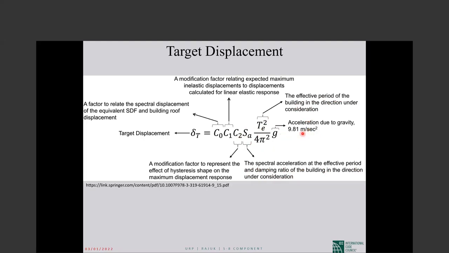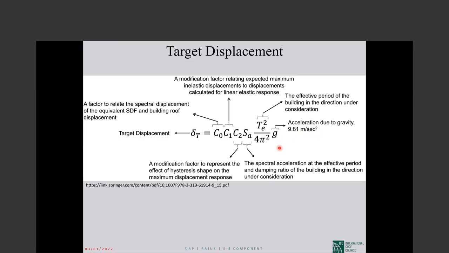The others are just a change of unit due to gravity, so we change the unit of SA from g to meter per square centimeter. So it seems we can use this formula.